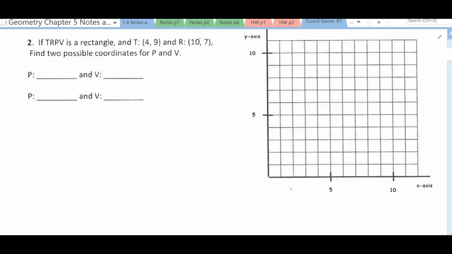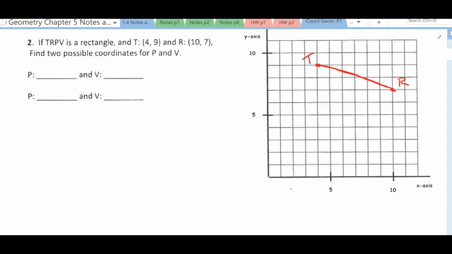Like last time, let's graph point T, that's (4, 9), and point R is (10, 7). Let's connect those. This is going to be one side of our rectangle.